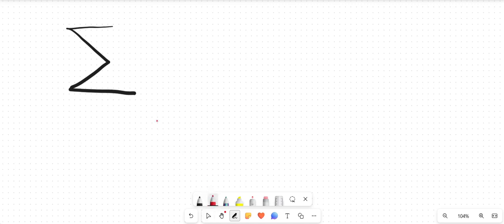Sigma notation is just a way that we represent our sums, our series. The symbol here that we see in front of you guys stands for sum. It's a Greek symbol that stands for sum, or S. So that's how you write it.